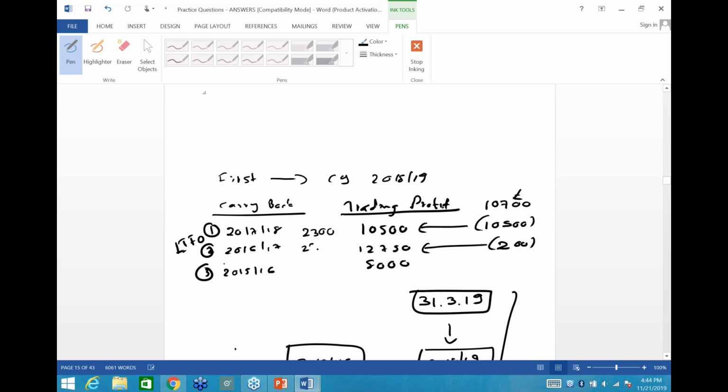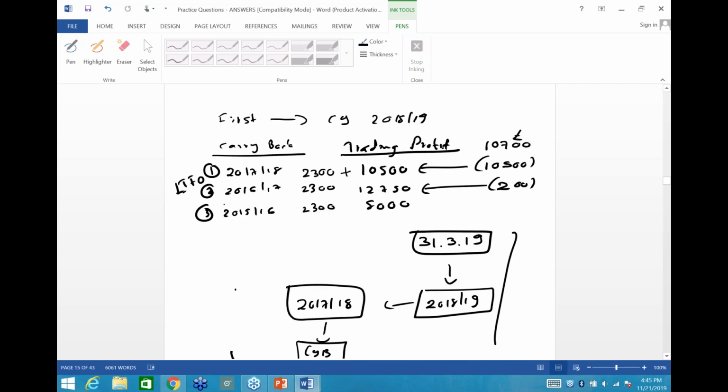Now, if I use the terminal loss relief, you will see for the tax year 17-18, I don't have a trading profit. I can set off 10,500 against my trading profit. Therefore, my trading profit for the tax year 17-18 becomes 0, and I only have 2,300.